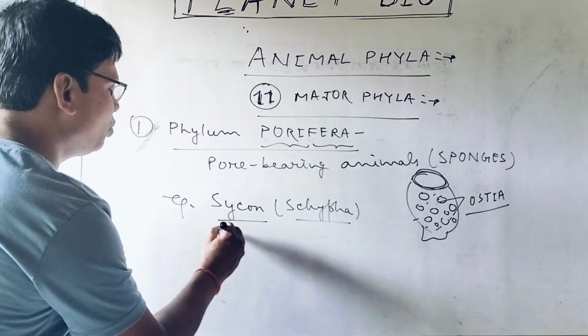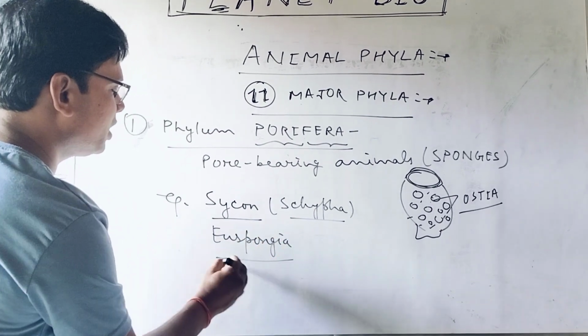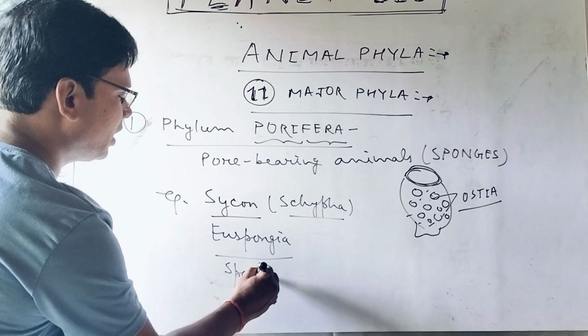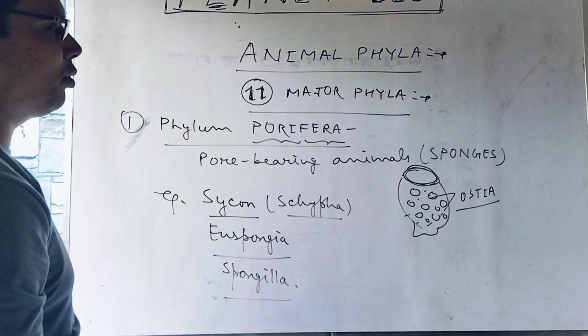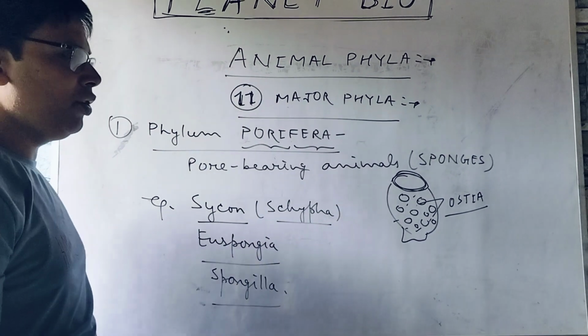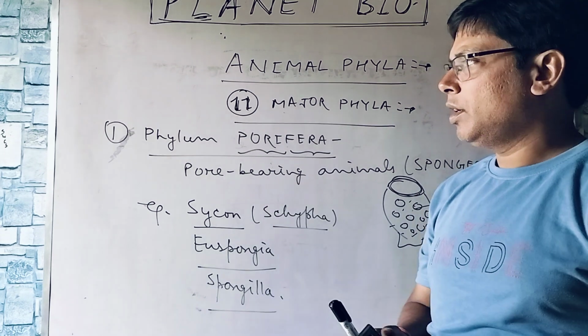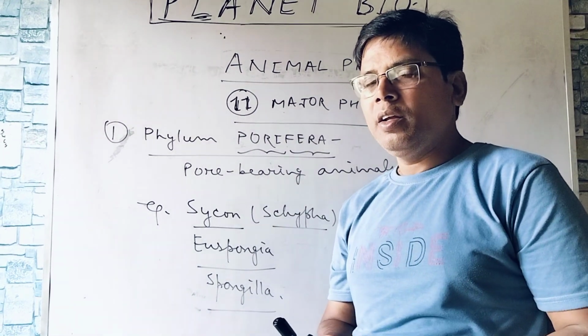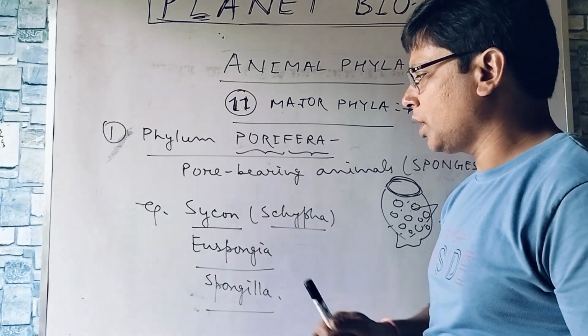Another one is Euspongia. Another one is Spongilla, like that. So only that much you have to study. Then you will be able to move with this single phylum in detail later on. First, the most important characteristic feature, then most important example.